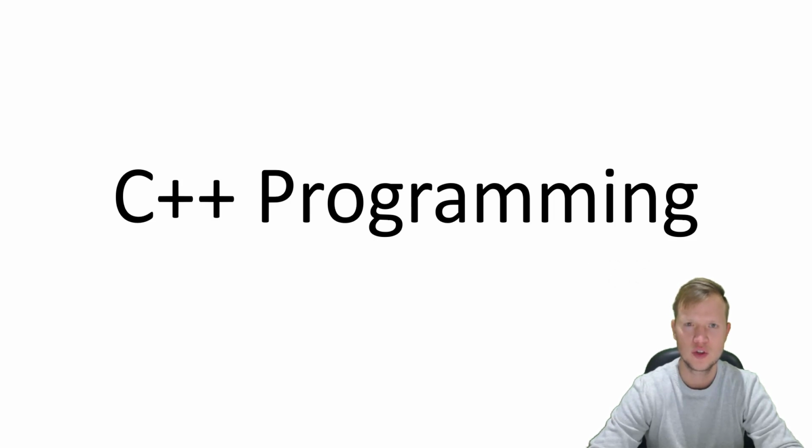There are multiple operators to overload. You can overload the not equal operator, you can overload the equal operator, and there's the increment operator that you can overload, the plus plus, and the decrement as well. Most of the operators you can overload.